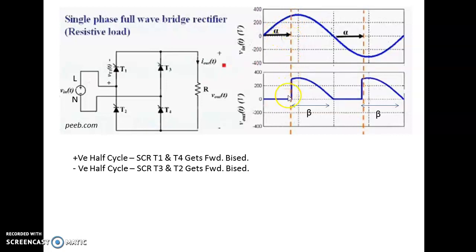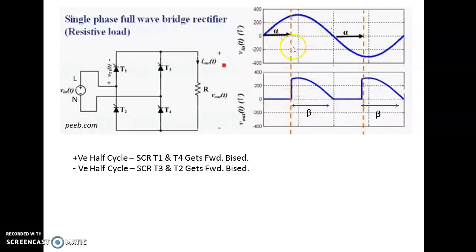The duration for which the SCR is conducting, or the duration for which power is delivered to the load, is denoted by beta, that is, the conducting angle. Alpha is our firing angle, beta is the conducting angle.